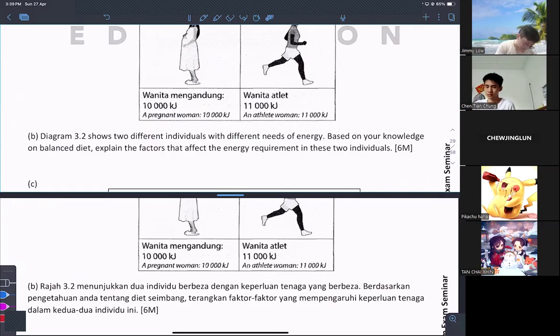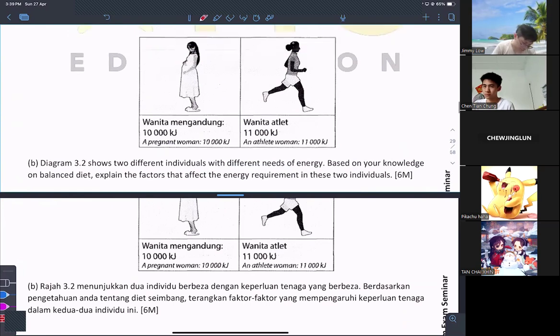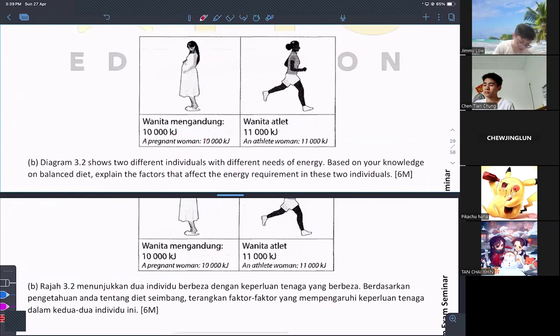From here, you have 6 marks. Among the two of them, you can say one pregnant woman, another athlete woman. Actually, 3 factors is fine enough, because for each factor you have to explain both of them. Each one is worth 1 mark. So you have to explain 3 factors.